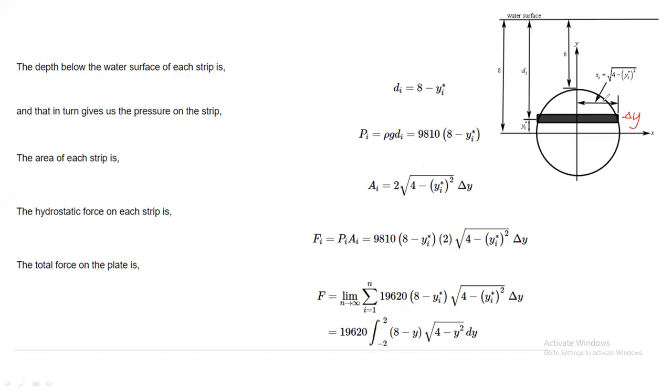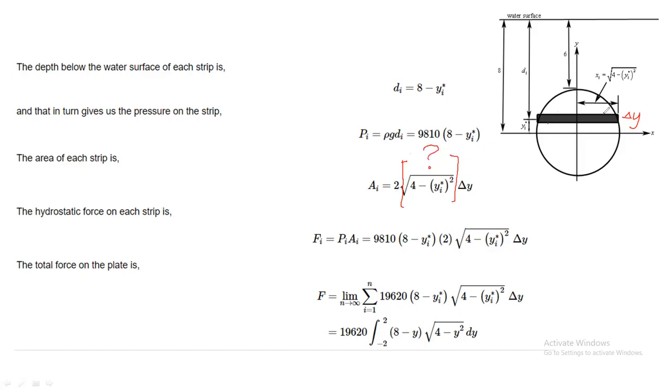Can somebody tell me where this came from? You have the delta y, and it's multiplied by 2 because you're determining the area of the entire strip. So the big question mark is, where did this come from?